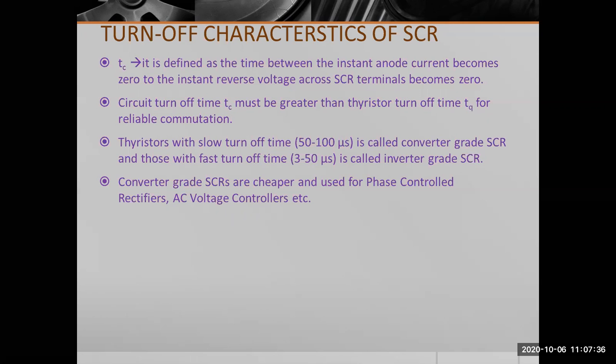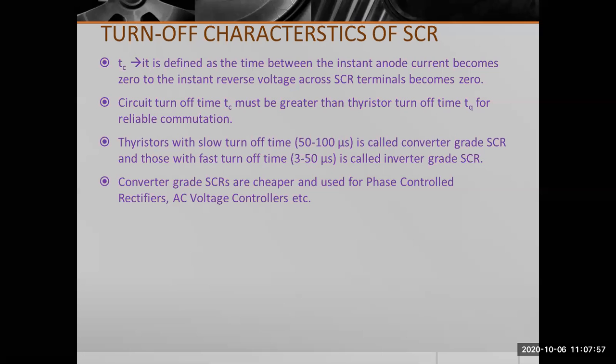Converter grade has high turn off time compared with inverter grade. Inverter grade has 3 to 50 microseconds, whereas converter grade has 50 to 100 microseconds.